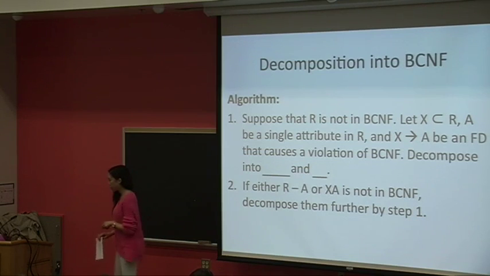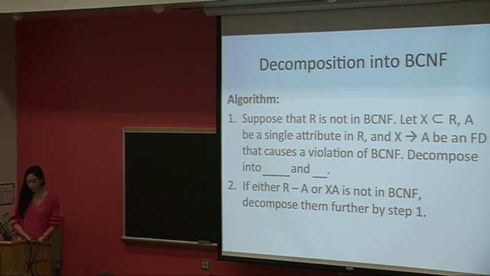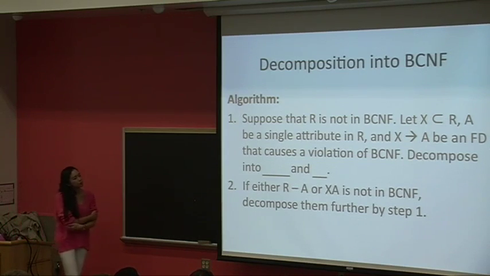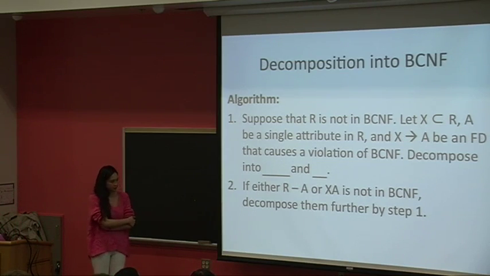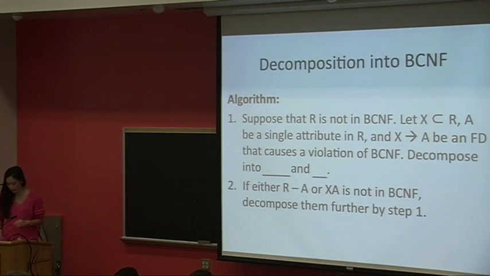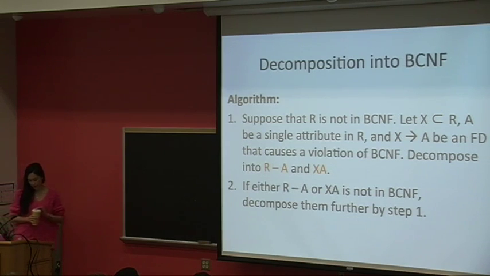Then, can you recall how we will want to decompose this? Well, the answer is actually in the same slide. How will we want to decompose them? We want to decompose them into R set difference A, and then X A union.